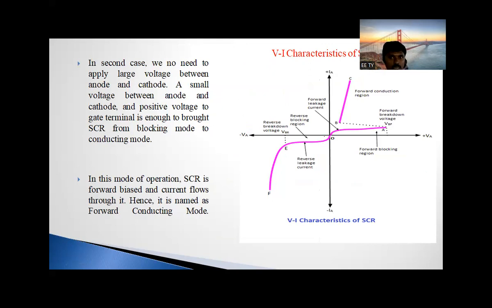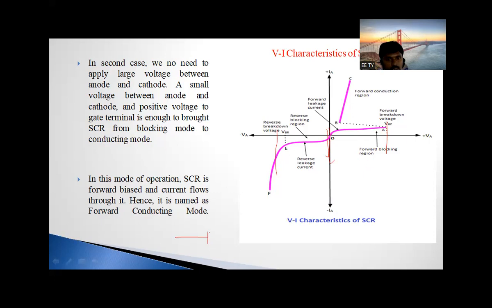Now this is the reverse blocking mode, and this is the forward blocking mode. Which is the forward conducting mode here? Once the thyristor is turned on, let me explain.